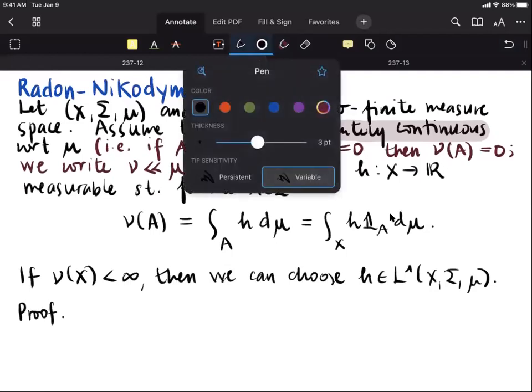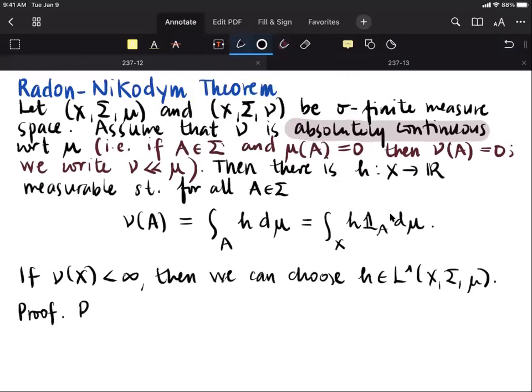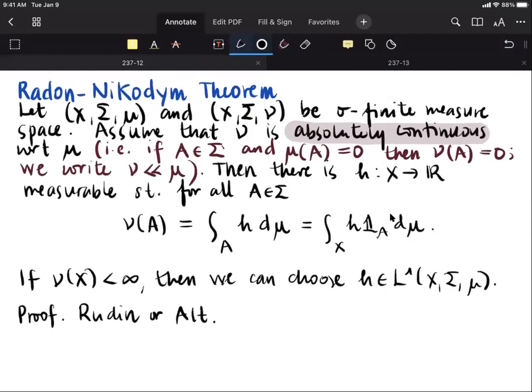So we will not prove this theorem. Those who are interested may look at the book of Rudin, or there's also a proof provided in Alt, even in the situation where nu is a complex measure. Okay, so that's a measure taking values in the set of complex numbers.